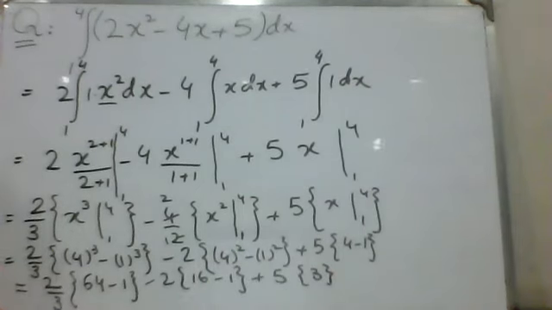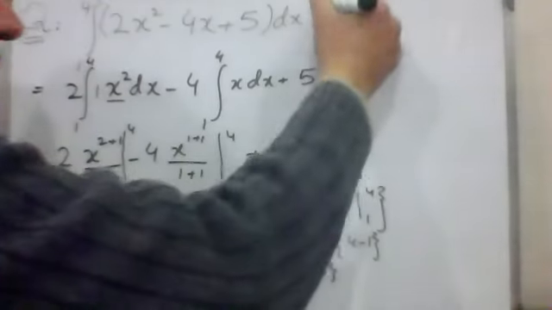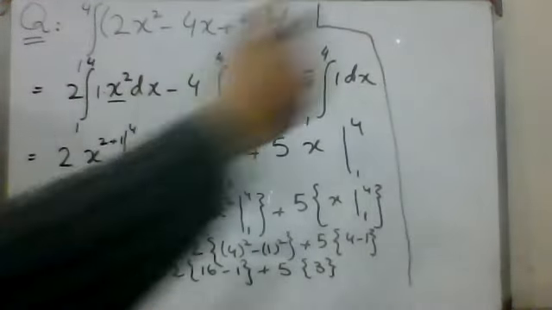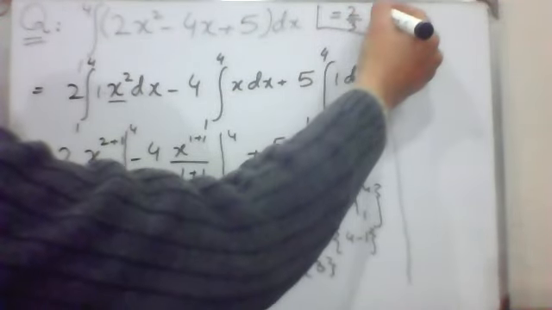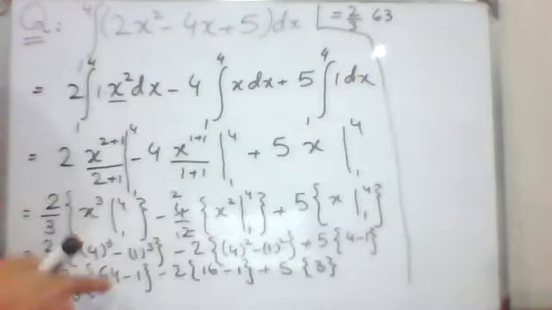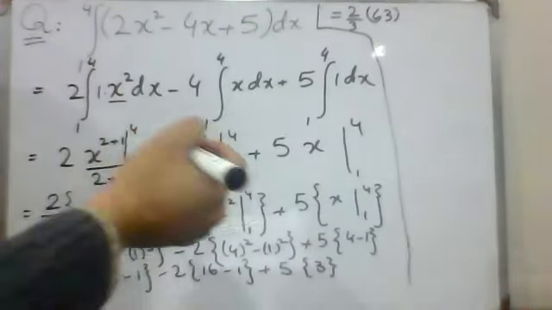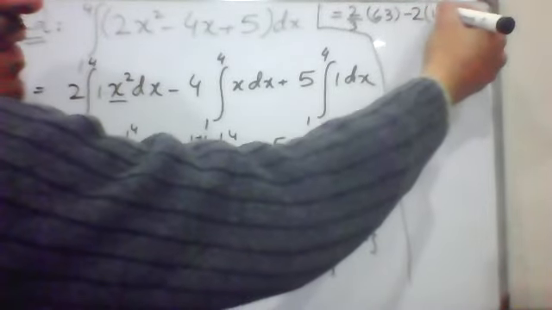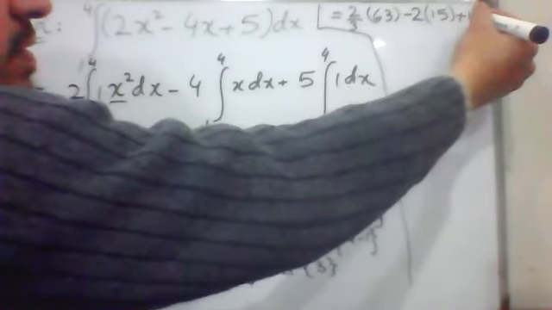So now write the further step of the problem, that is 2 by 3 and 63, when 64 minus 1 we get 63, minus 2, and 16 minus 1 is 15, and the last term is 3 fives are 15.